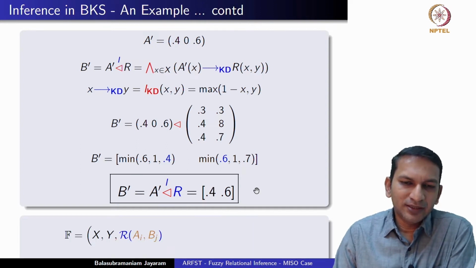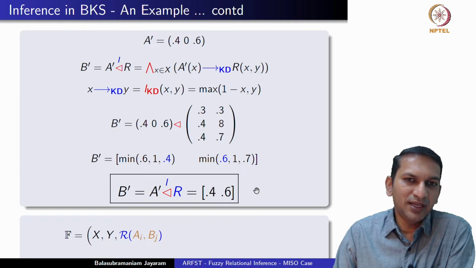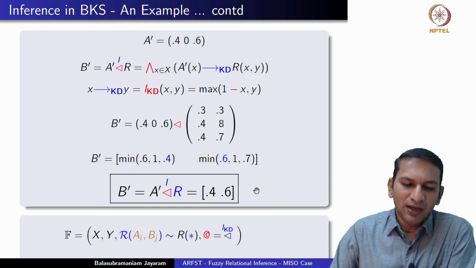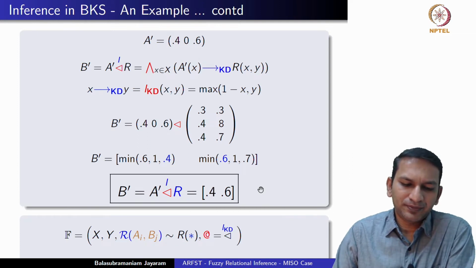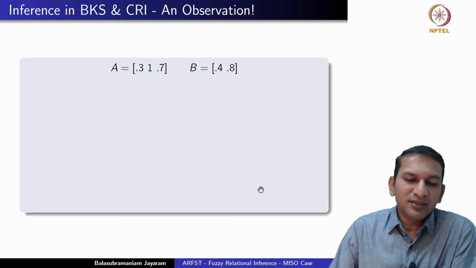And if you were to write this inference, you see that x, y, and the rule base are fixed, and we know the inference is captured by the relation and the composition. In the BKS case, it is an inf-phi composition. That is clear. In this case, we have used the Kleene-Dienes implication. Note that the relation itself has been obtained by T0. Well, what is interesting is this.